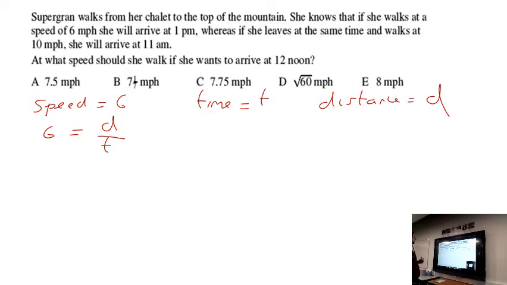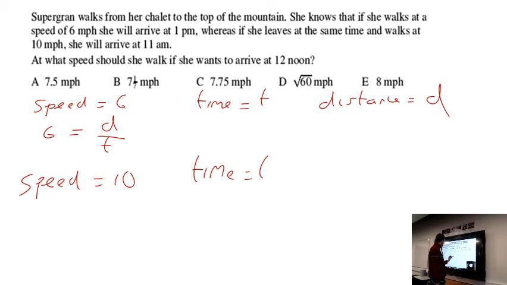Then what else do we know? So if she leaves at the same time and walks at 10 miles per hour, so speed is equal to 10 miles per hour, she'll arrive at 11 a.m. So this is going to be time is equal to t, subtracting 2 hours.